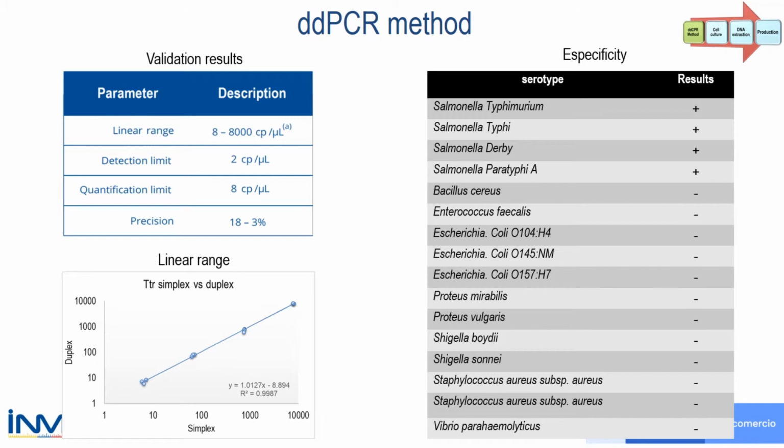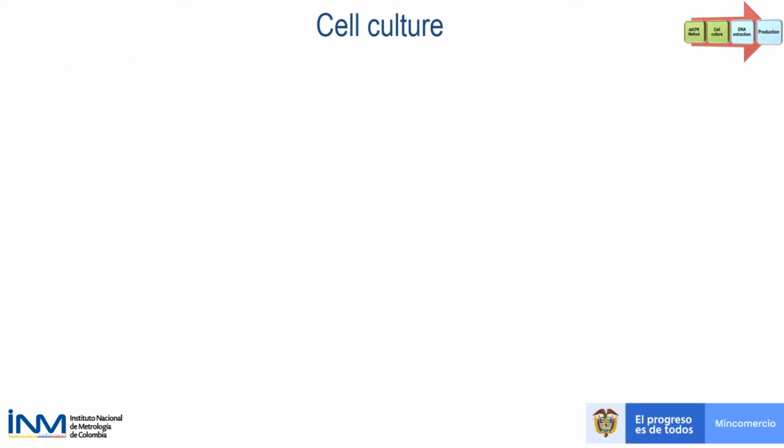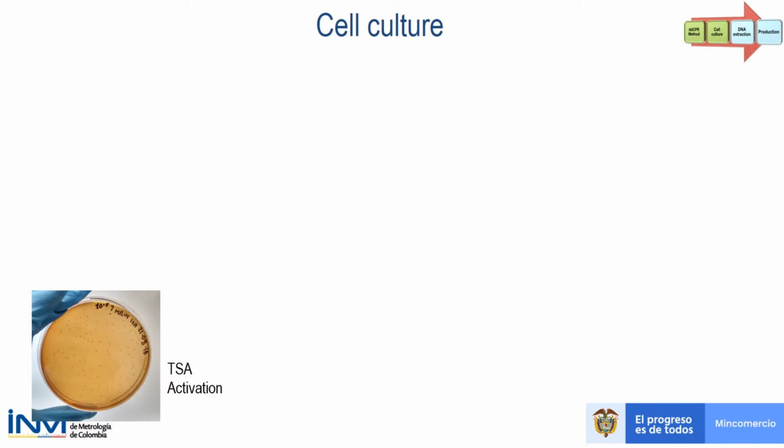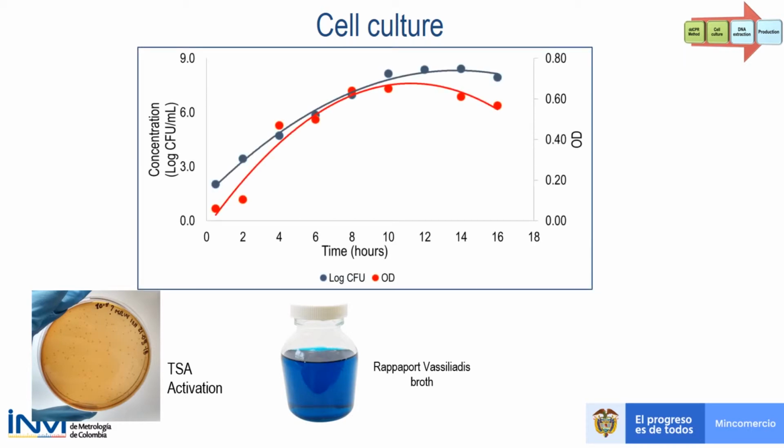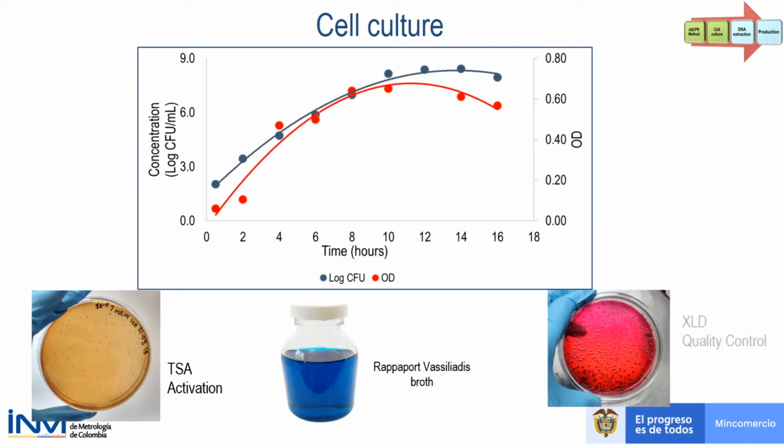The assay specificity was evaluated against 4 Salmonella and 13 related species, obtaining coherent results. The Salmonella strain, preserved at -80 degrees Celsius, was recovered and activated in nutritive DSA agar. In a selective Rappaport Vassiliadis broth, the cell culture was scaled up to 200 milliliters in order to obtain enough biomass for DNA extraction.